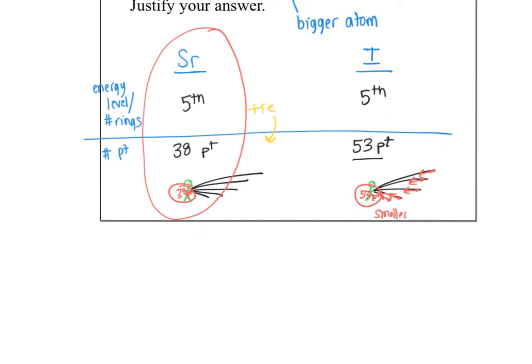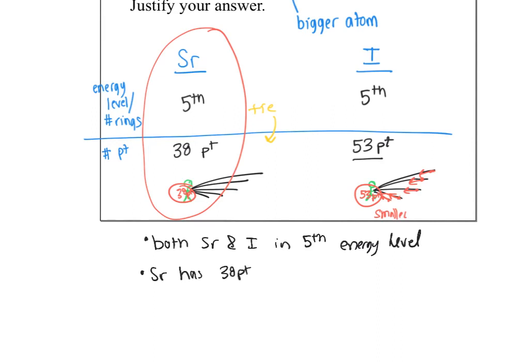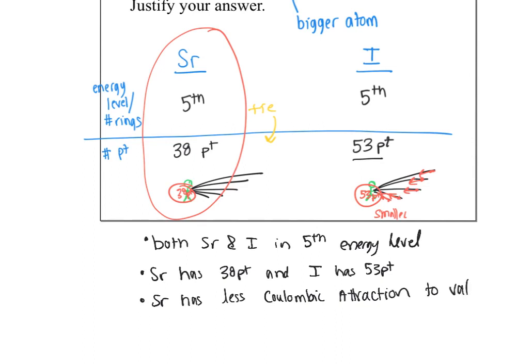So here's what I would say on a test. I would say: both Sr and iodine are in the 5th energy level. Sr has 38 protons and I has 53 protons. Sr has less Coulombic attraction to the valence electrons.